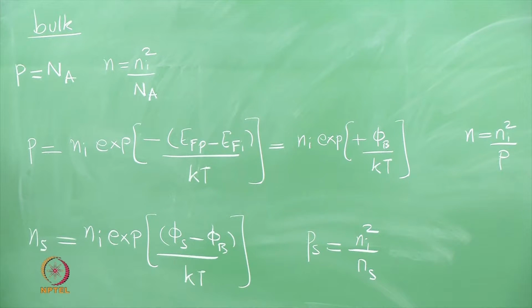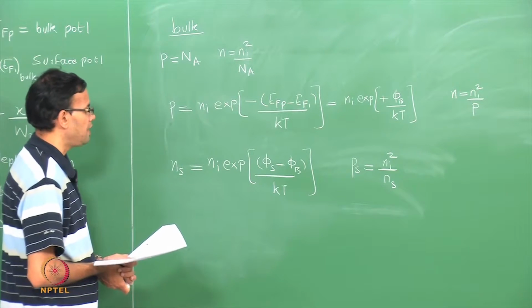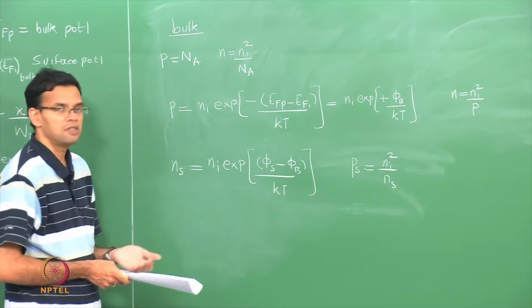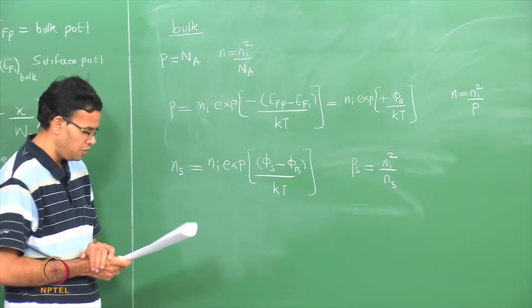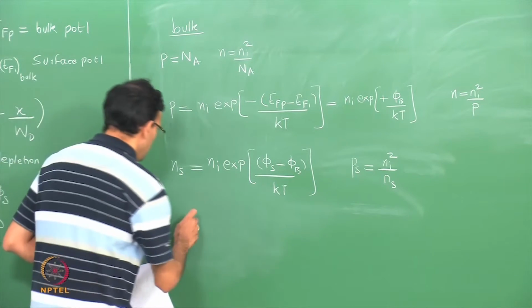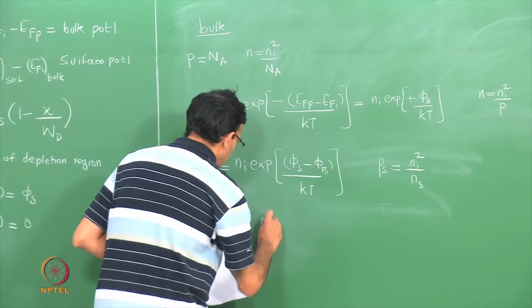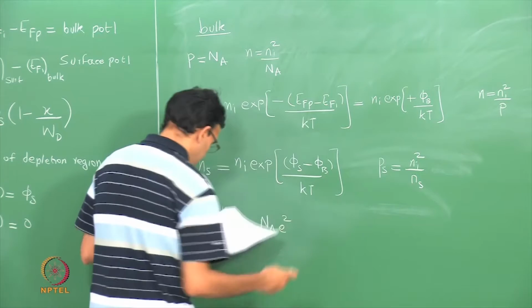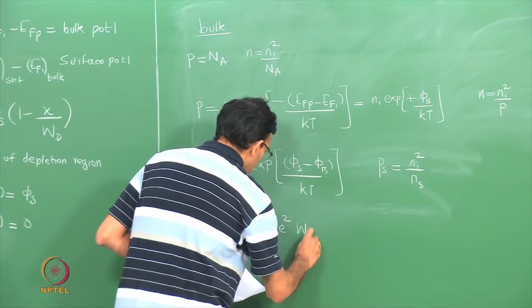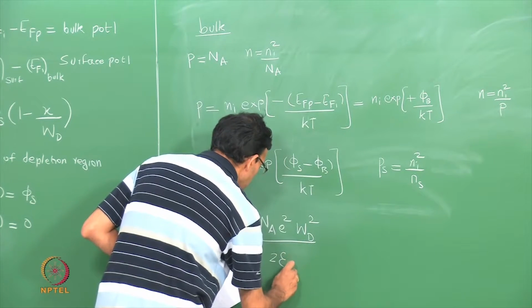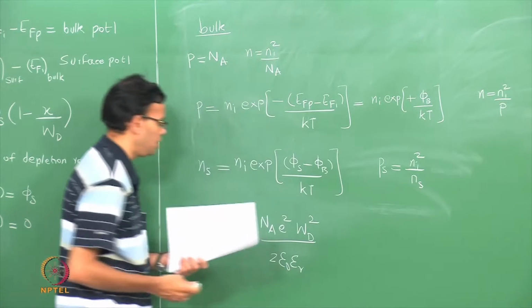This value of phi s depends upon the concentration of acceptors within the bulk p type material. So, we can relate phi s to the bulk concentration and also the width of the depletion region. If we do that, phi s is just related to Na e square Wd square by 2 epsilon naught epsilon r.